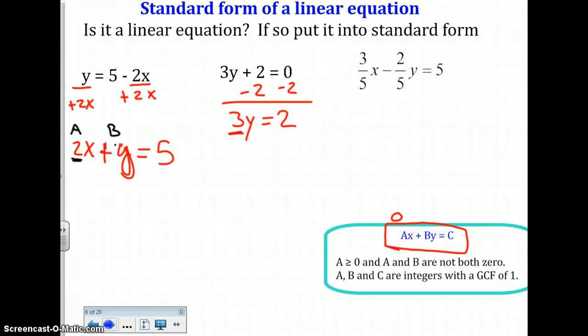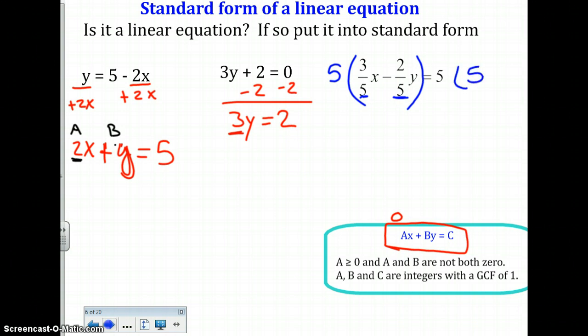On this last equation that I'm moving here, I need to get integers, so I need to get rid of the fraction. Both fractions happen to have a denominator of 5, so if I multiply by 5 on both sides of the equation, we will eliminate the fraction. We know that 5 times 5 on the right side is 25. Distribute through, and we would get 15 fifths x minus 10 fifths y.